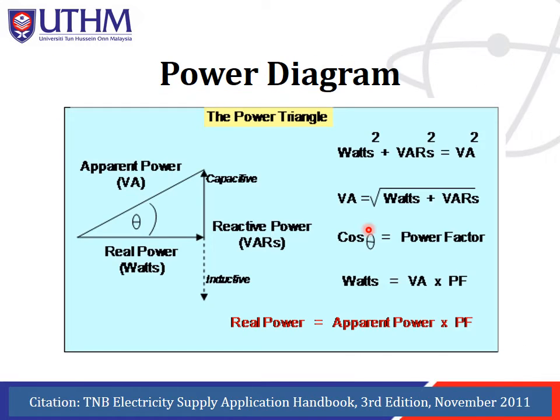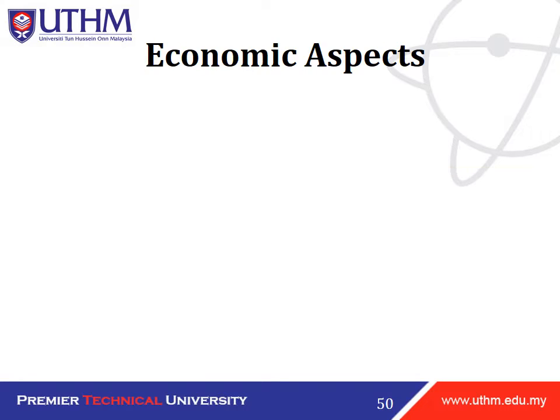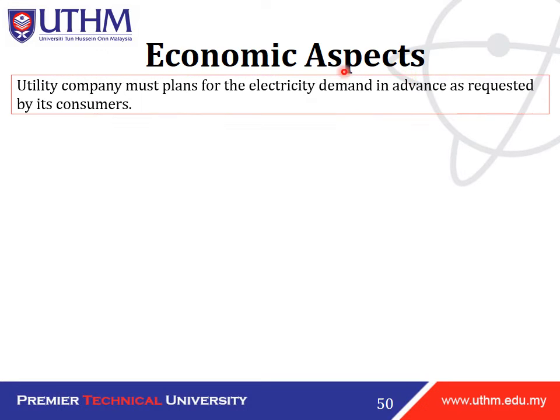Alright. Okay. This is the power triangle or power diagram that you need to understand, and it will be used to calculate our bill later on. Okay, now we move to the load characteristic and tariff rate. Under the load characteristic and tariff rate, we need to consider some economic aspects.